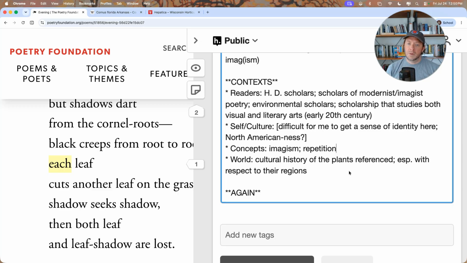Probably HD's other work. I think with Imagist poems, or poems like this one, short poems, it's also often difficult.